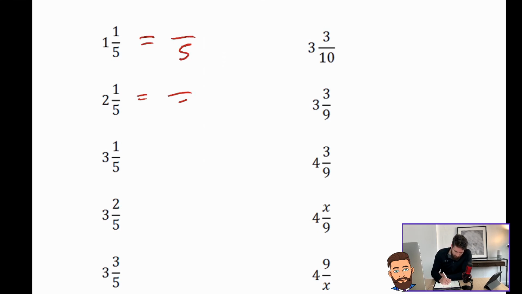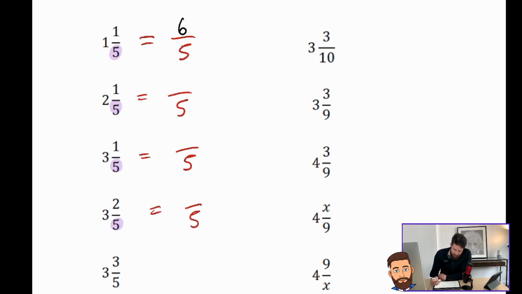You know what these denominators are going to be. All of these ones are just going to be 5, because the 5 is on the bottom. You just need to work out what goes on top. And remember, you do this times the whole number plus the top number. So you do 5 times 1 is 5, plus 1 is 6.